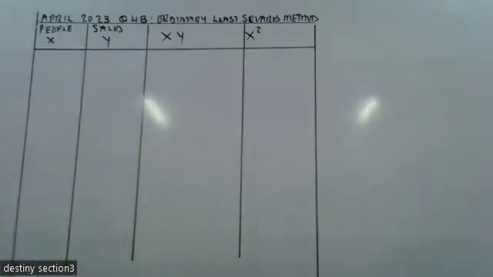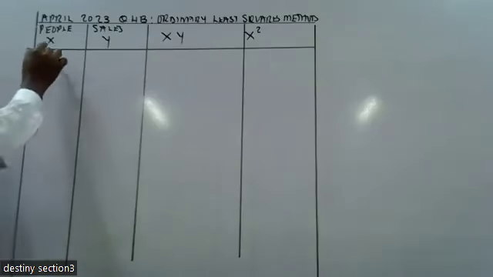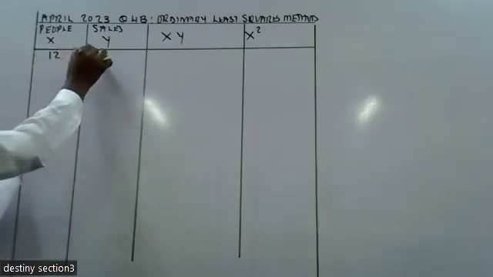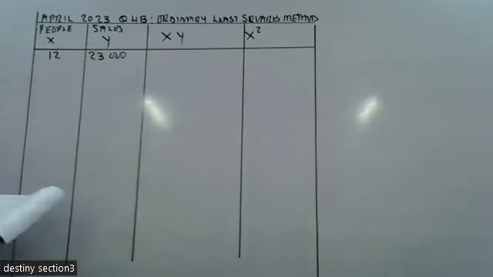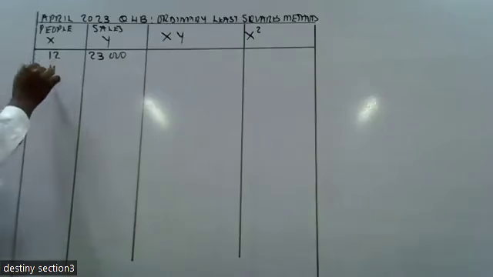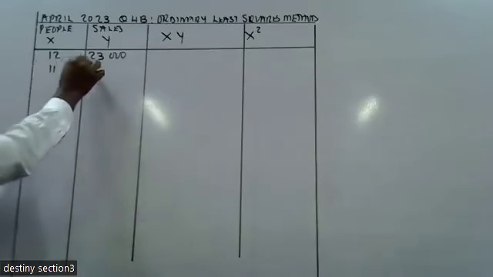So let us put the values as they have been given. This is 12 and 23,000. If you do not put those zeros there, you will have made a mistake. If you say 12 and 23, that would be wrong. 11 and 22,000.